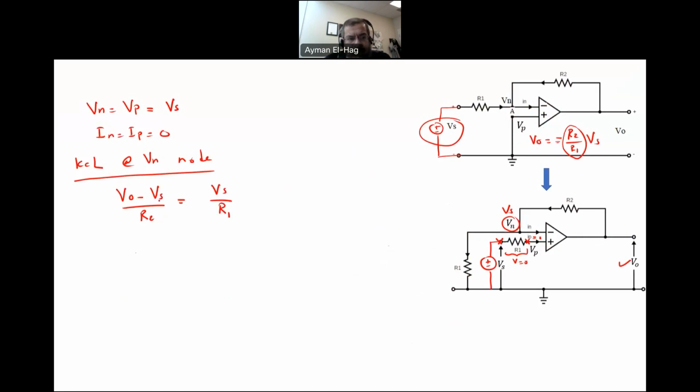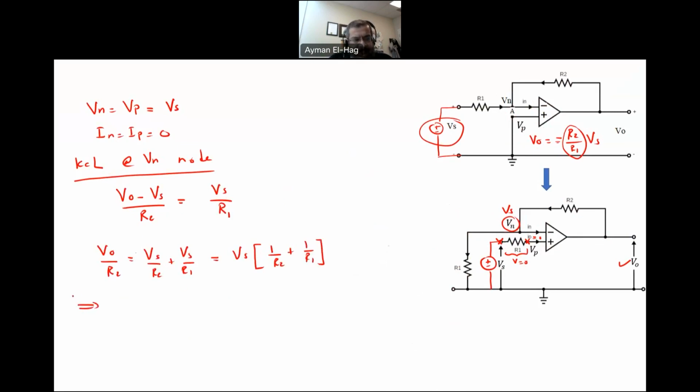Now we will move Vs to one side and keep Vout on the other side. So Vout divided by R2 is equal to Vs over R2 plus Vs over R1. Take Vs as a common factor, so it becomes 1 over R2 plus 1 over R1.